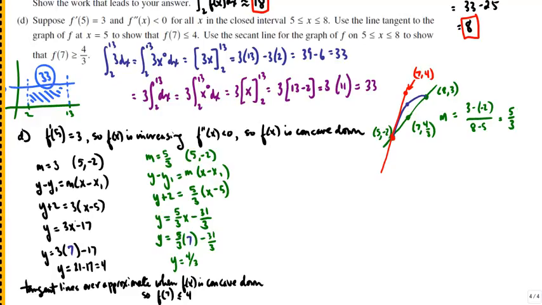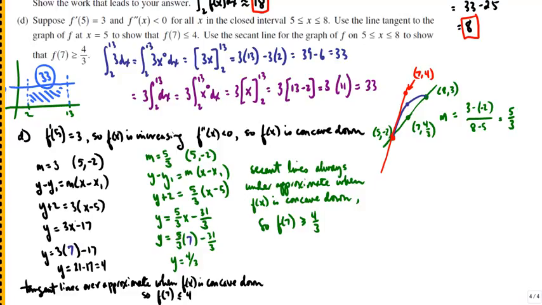And we use a similar kind of reasoning. If tangent lines over-approximate when f of x is concave down, secant lines will always under-approximate. And so f of 7 has to be greater than or equal to 4/3. And that's how we work through that logic there. Okay, that's it for this particular problem.